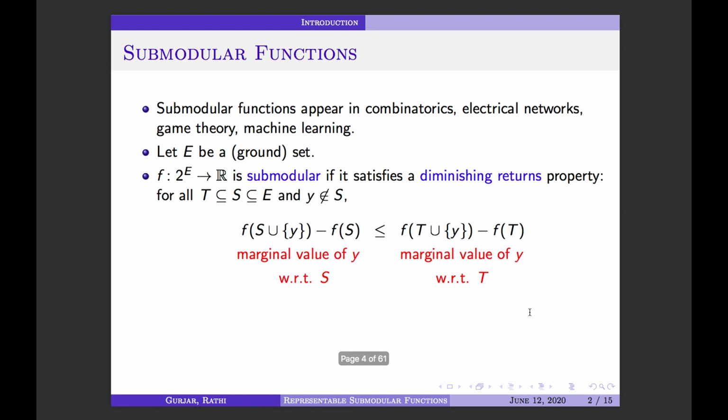So formally, for any two sets T and S of E, where T is a subset of S, and an element y which is outside S, the function f must satisfy this inequality.